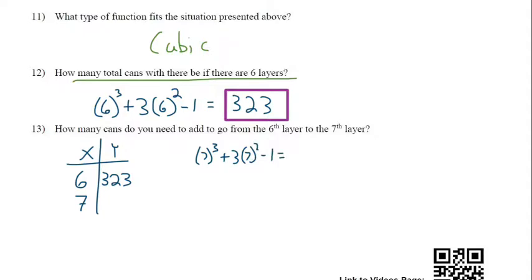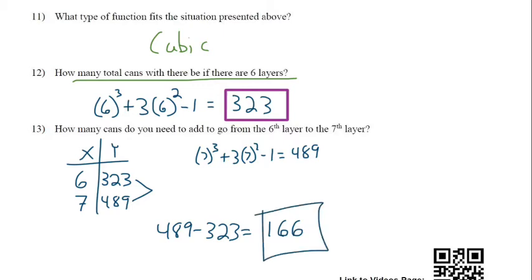Put that in your calculator, you get 489. So how many do you need to add to go from here to there? Well, 489 minus 323 equals 166 cans. So in order to go from the 6th to the 7th, you would have to add 166 cans to the overall pyramid.